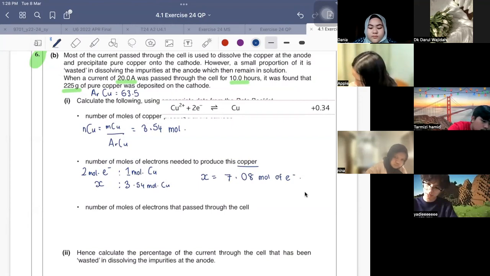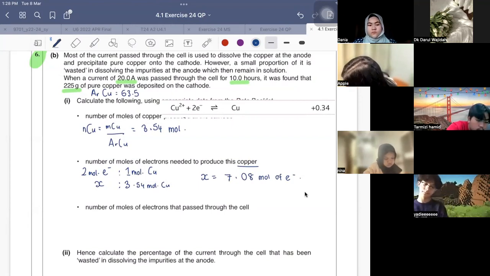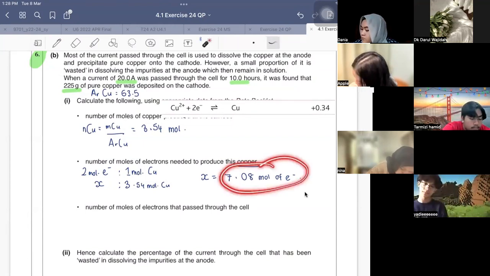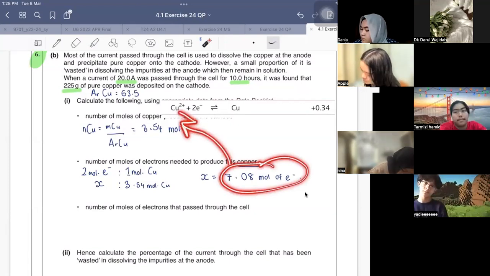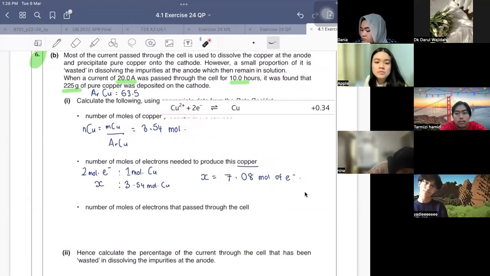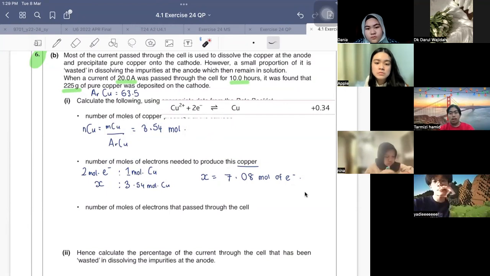Number of moles of electrons that pass through the cell. So this is the number of moles of electrons required to produce this amount of copper. Okay, we want to know the number of moles of electrons that pass through the cell. That means we need to find the electricity going around the cell first.